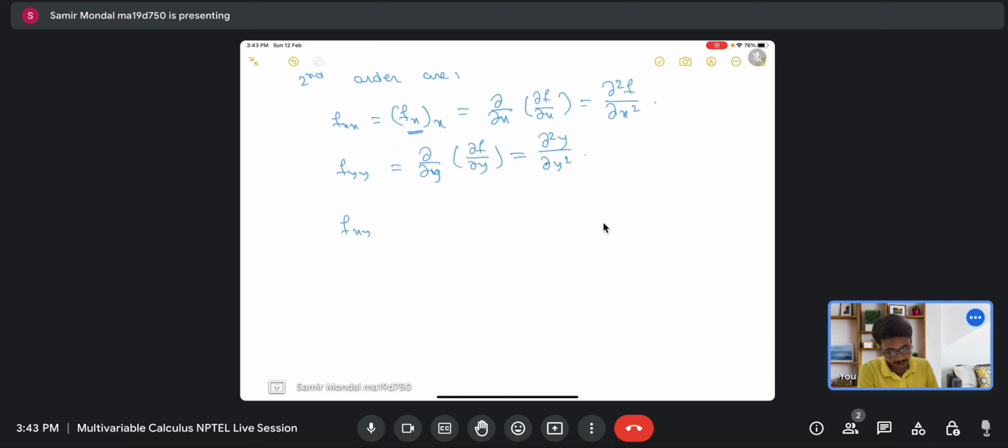Here x is first, then y, so we will do the partial derivative with respect to x first, then we will do the partial derivative of that f of x with respect to y. So at first we do the partial derivative with respect to x, then we will get one function, then again we do the partial derivative of that function with respect to y. So y will be done last.